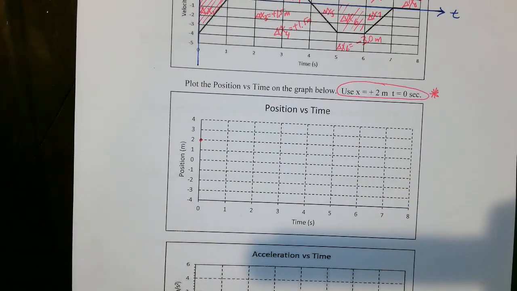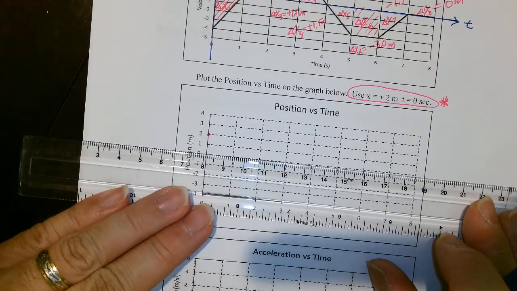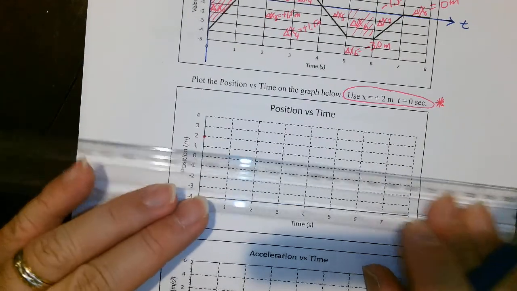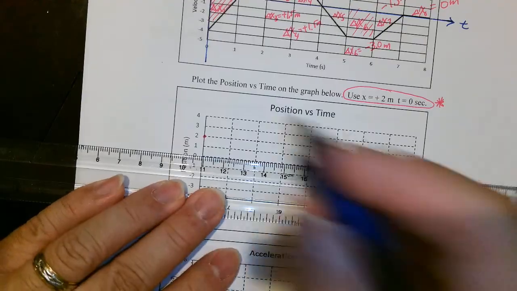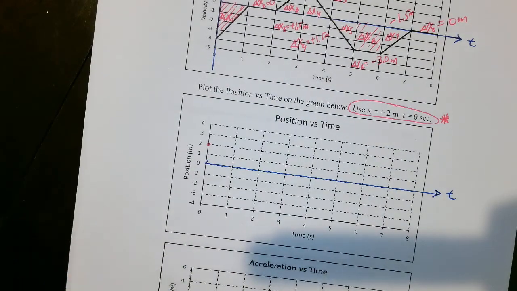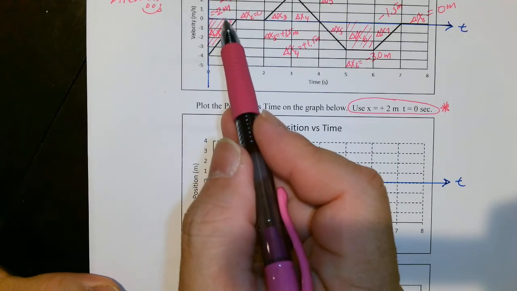So again, here is my time axis. I always have to have my time axis here, I guess. So here's my time axis, and I am traveling 2 meters in the negative x direction.